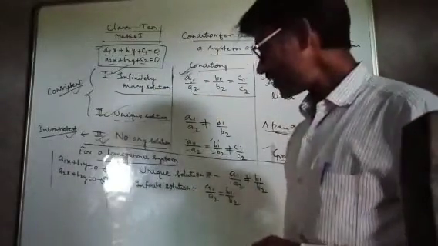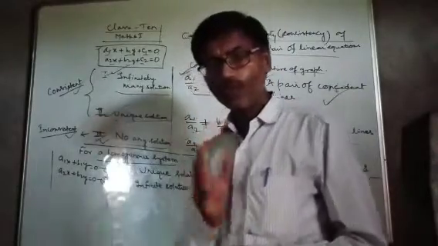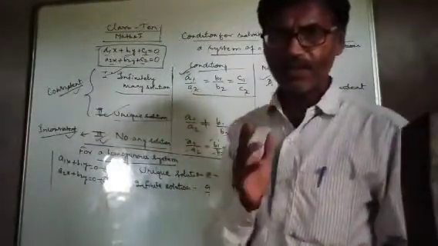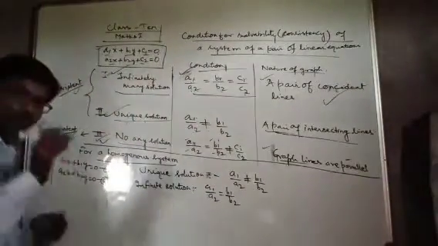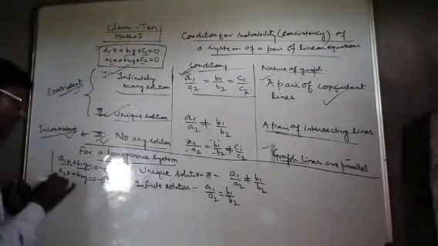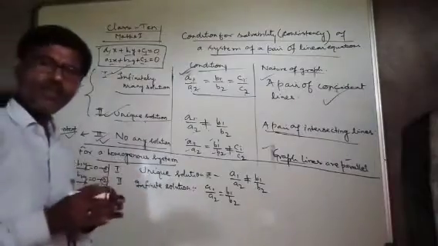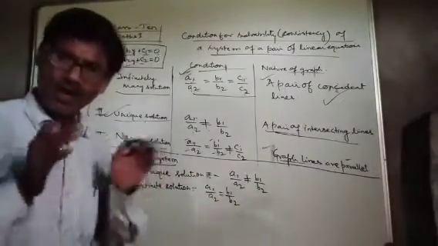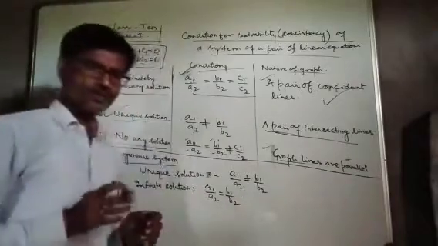Now, let's see the condition for solvability of a homogeneous system of a pair of linear equations. A pair of linear equations of form a1x plus b1y equal to 0 and a2x plus b2y is equal to 0 is said to be a homogeneous system of a pair of linear equations in two variables.